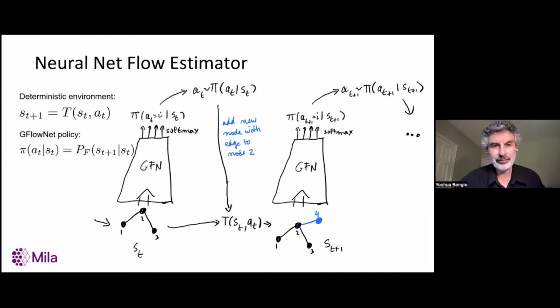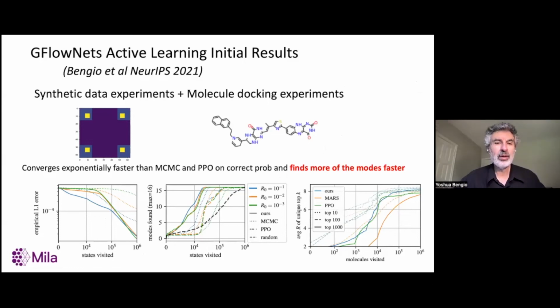They allow us to sequentially generate objects like those graphs. Okay, so the NeurIPS paper has a number of initial experiments where we focus on the ability of these GFlowNets to sample a more diverse set of candidates, and we compare with MCMC methods that have been used to generate molecules, as well as a standard RL method called PPO, to try to do the same thing. Both, for different reasons, MCMC methods and PPO and RL tend to have much less diversity in the candidates.